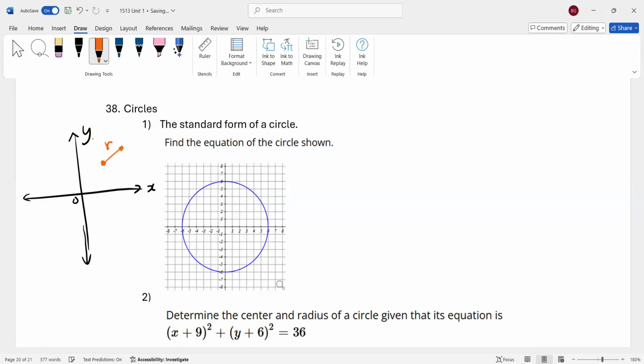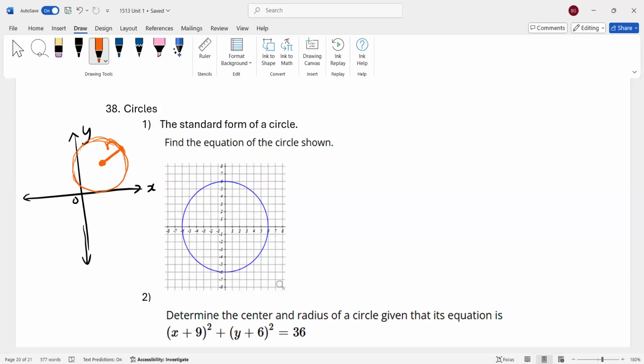If you keep this distance and fix the center, all the points that are r distance away from the center give you a circle. So that's how we describe a circle in geometry. And we are going to find the corresponding equation in algebra that could represent a circle. So we go from geometry to algebra.